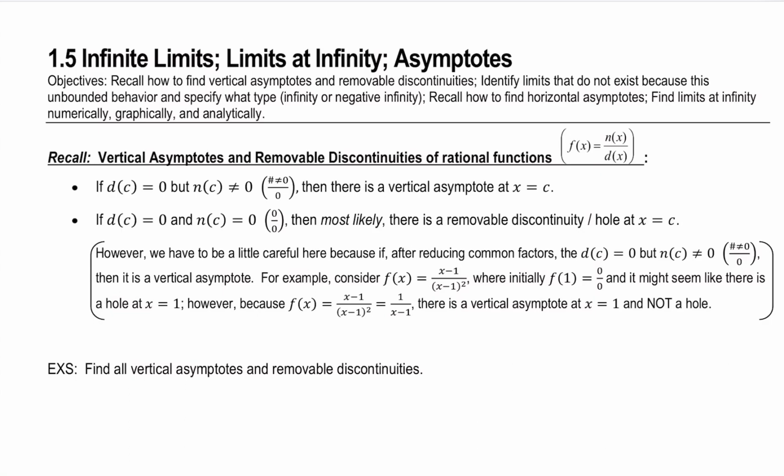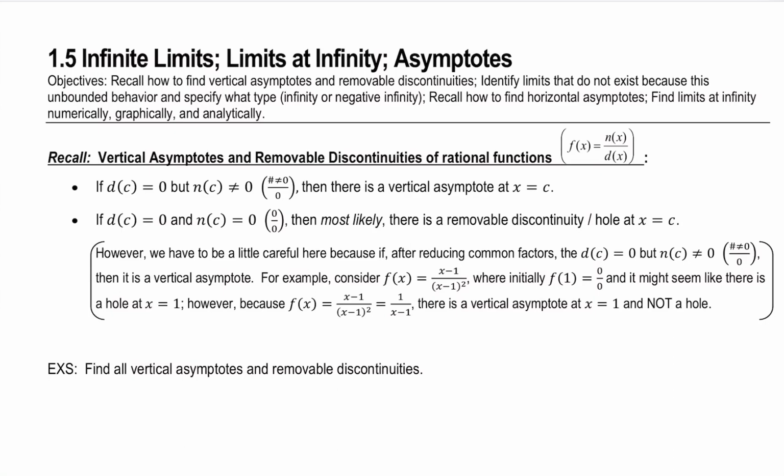Okay, so think about things that we've already covered in this class and in other classes. If you have a function that's n of x over d of x, and when you sub in a point at x equals c, you get a non-zero number over 0, well, you spend a lot of your time in college algebra and pre-calc finding vertical asymptotes by setting your denominator equal to 0.